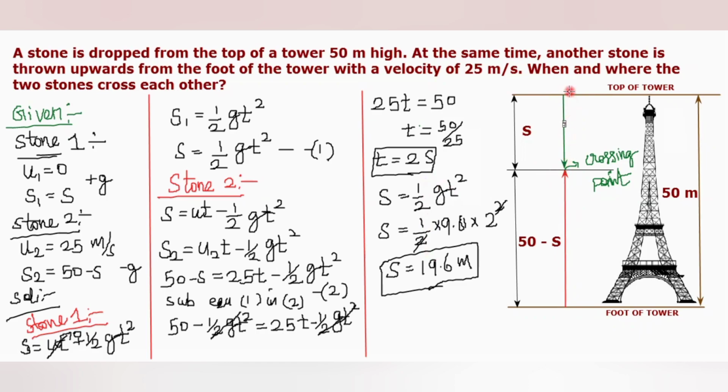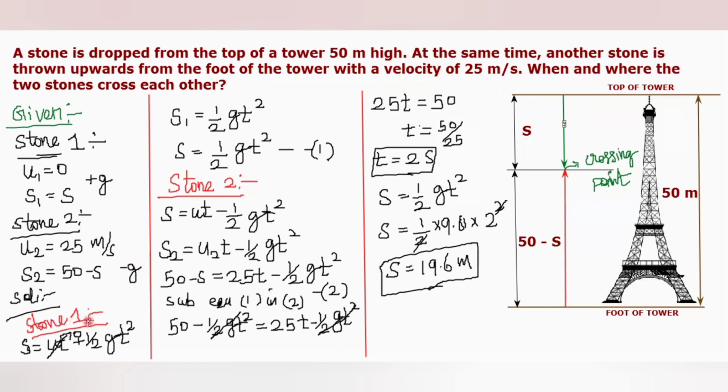From the top of the tower to the crossing point, the distance we take as S. So the remaining distance, from the foot of the tower to the crossing point, will be 50 minus S. Stone 1 is dropped freely from the top of the tower with initial velocity 0, and its distance we take as S. Stone 2 is thrown upwards with a velocity of 25 meters per second, and its distance is the remaining 50 minus S. Stone 1 has plus g because it is free fall under gravity; stone 2 has minus g because it is thrown against gravity.